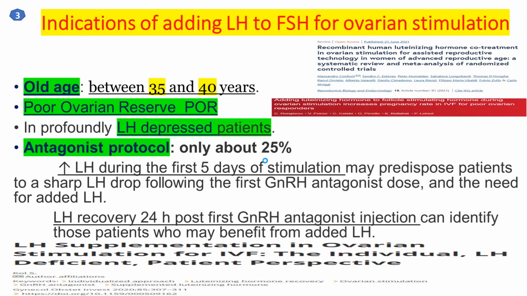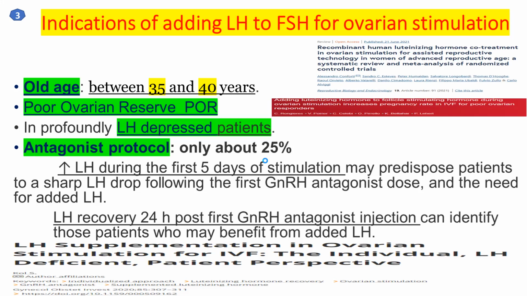If we are using an antagonist protocol, in 25% of cases some are associated with increased LH during the first 5 days, and this may predispose to a sharp LH drop following the first antagonist dose. So we can add LH for this group of patients.